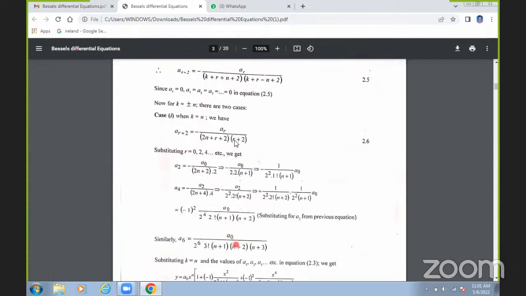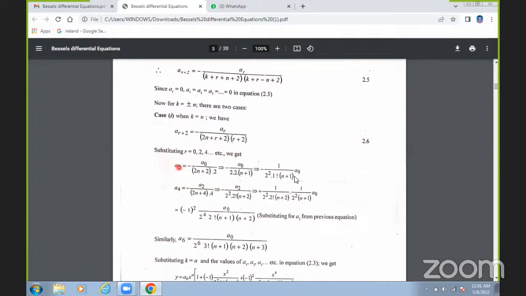So again, if you take r value as 0, 2, 4, and so on, because a3, a5, a7, all the values become equal to 0, we'll take only the even multiples of a. That is, r value we are going to take as 0, 2, 4, and so on.